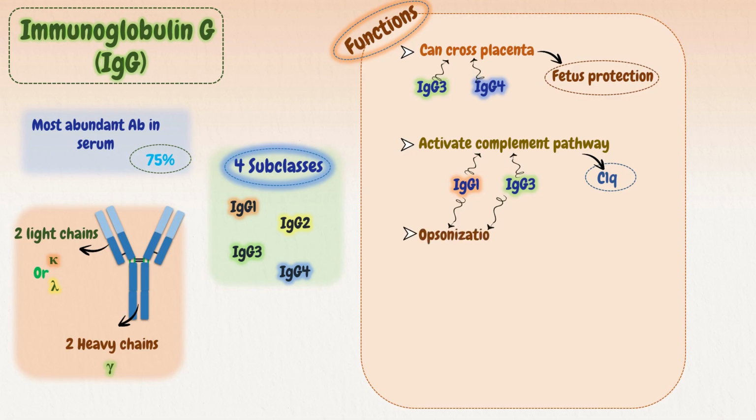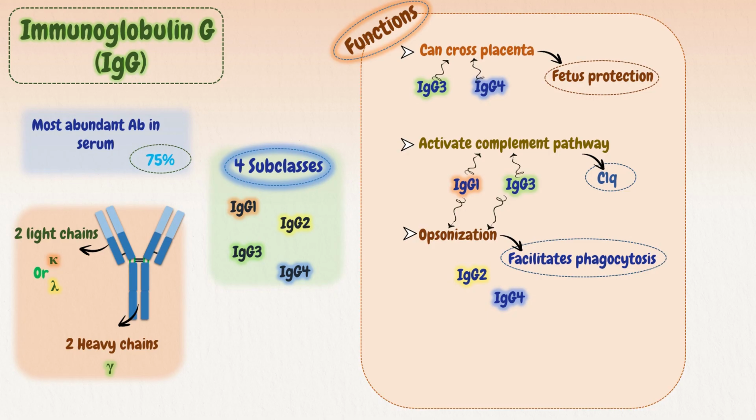It can also bind to the phagocytic cells once they are attached with antigen, thus making engulfment of that invader easy for phagocytic cells, under a process called opsonization. IgG1 and IgG3 are also efficiently involved in opsonization, thus facilitating the process of phagocytosis.